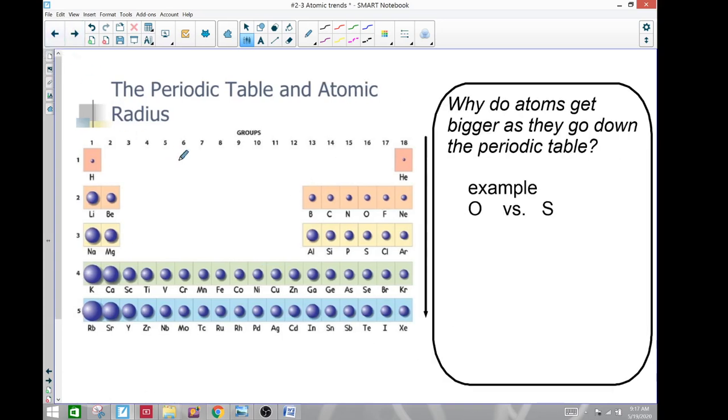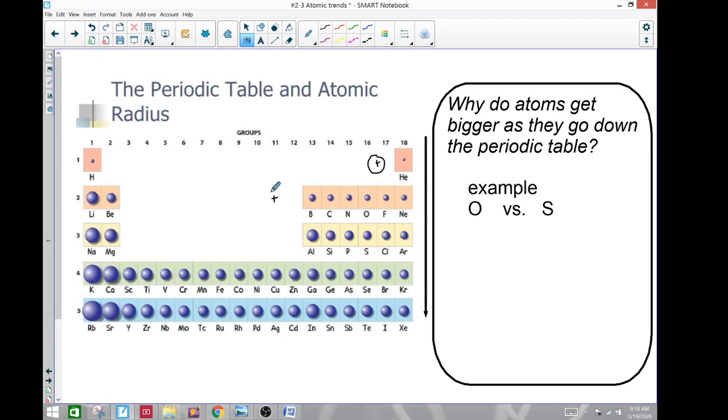All right, so here we go. First off, why do atoms get bigger as they go down the periodic table? For this example, we might just draw a Bohr diagram. Oxygen, for example, is right here, and sulfur is located here. You can see that sulfur is bigger, but why? It turns out, as people eventually figured out, that the rows of the periodic table represent the number of energy shells.